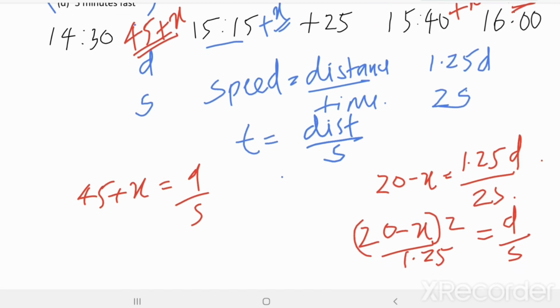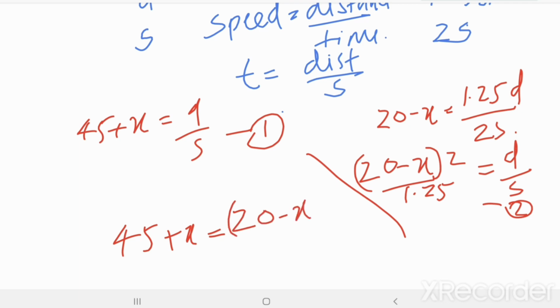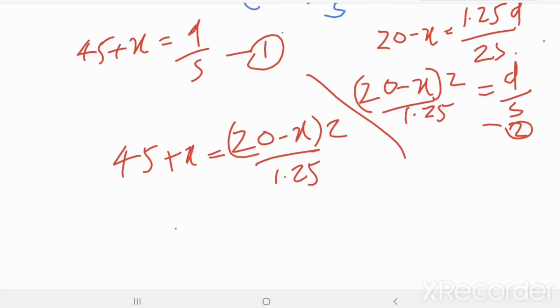Then equating these two equations, we get 45 plus x equals 20 minus x into 2 divided by 1.25. Solving this equation, we get x equal to minus 5 minutes.